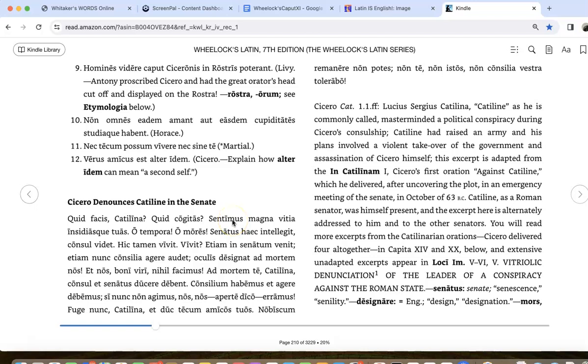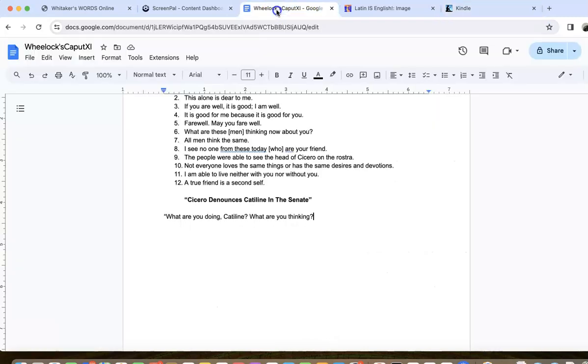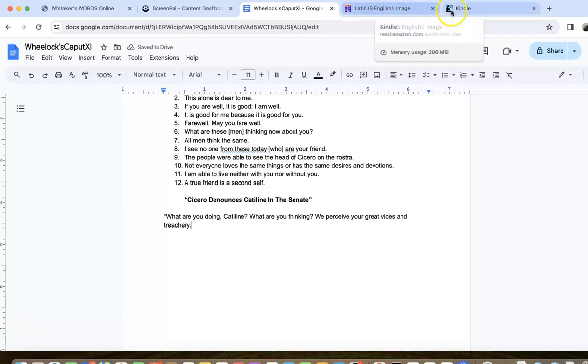We perceive, so sentimus can mean think, but we saw earlier it can also mean to perceive. So mus means we. We perceive, and what do we perceive? Your great vices and treachery. So this one's obviously going to require looking up some words because this is new vocabulary for us.